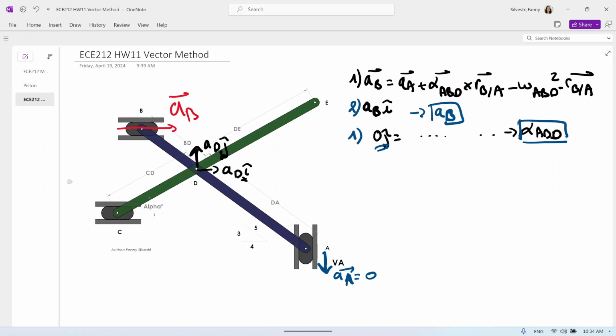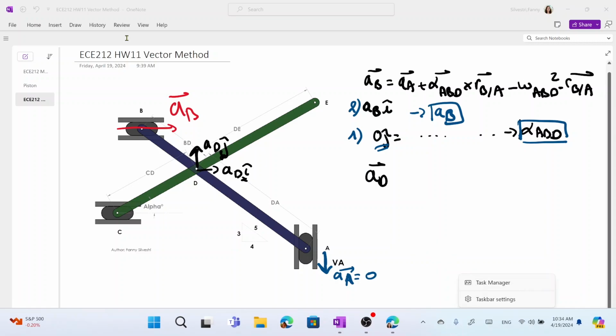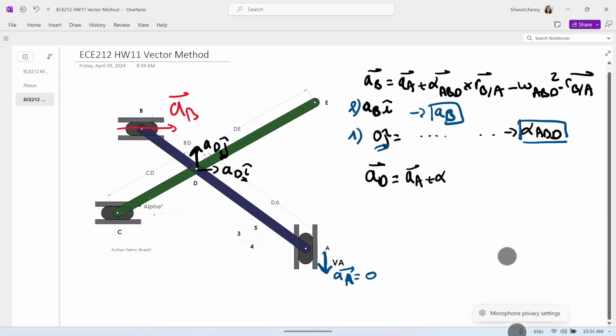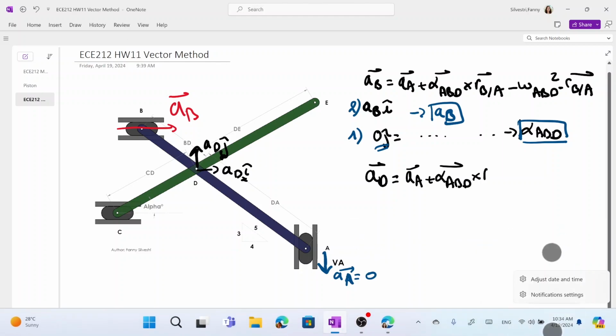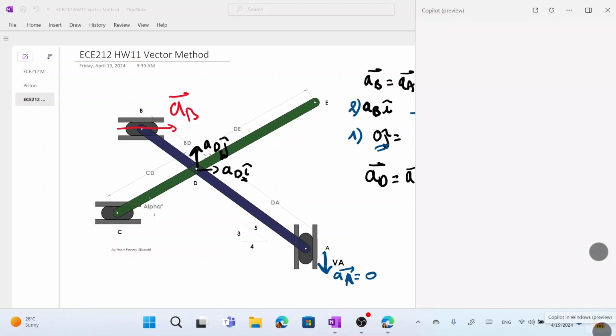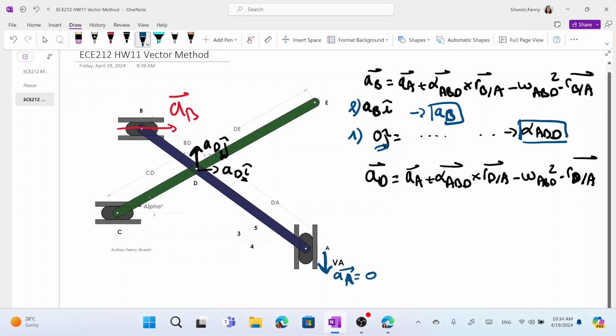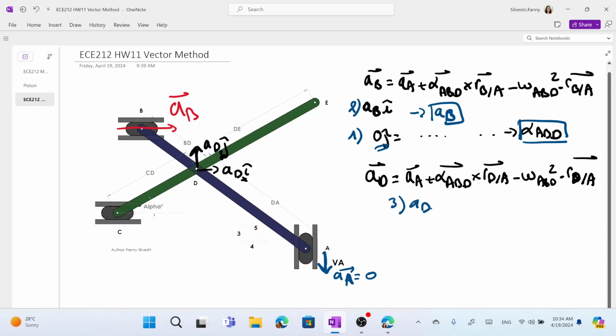So step number 3, we will do the equation AD equal, you can use AB or AA, but AA is easier because there is a 0, plus alpha ABD that now you know, cross RD about A, minus omega ABD square times RD about A. So when you do that, step number 3, you find the ADX with your equation on I hat, and the ADY on J hat.